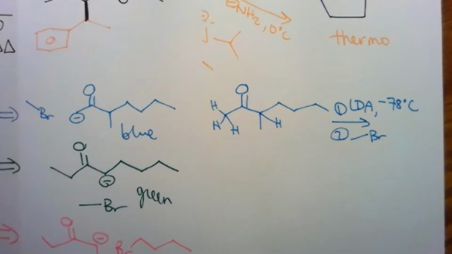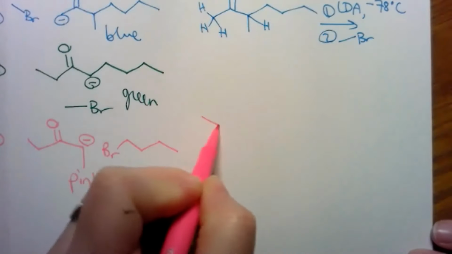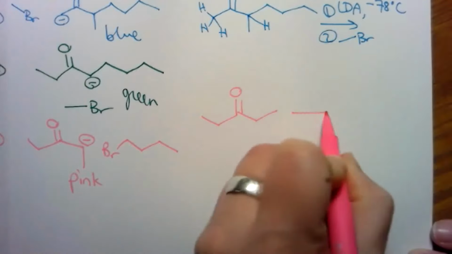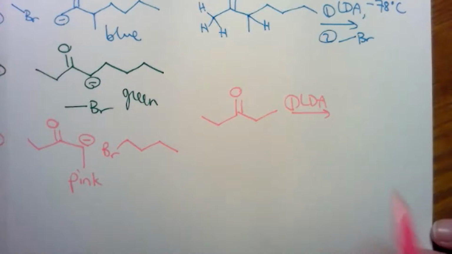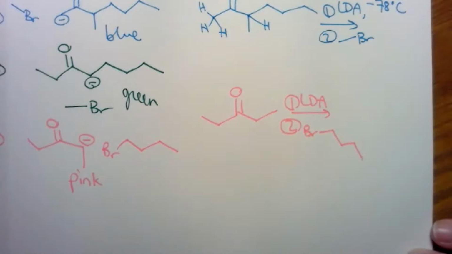Blue's doable, but not my favorite. Pink is actually my favorite because you can start with this ketone that is symmetric and you add LDA, no worries about temperature. Then you add butyl bromide. Done. Blue is usable. Pink, in my opinion, is best.